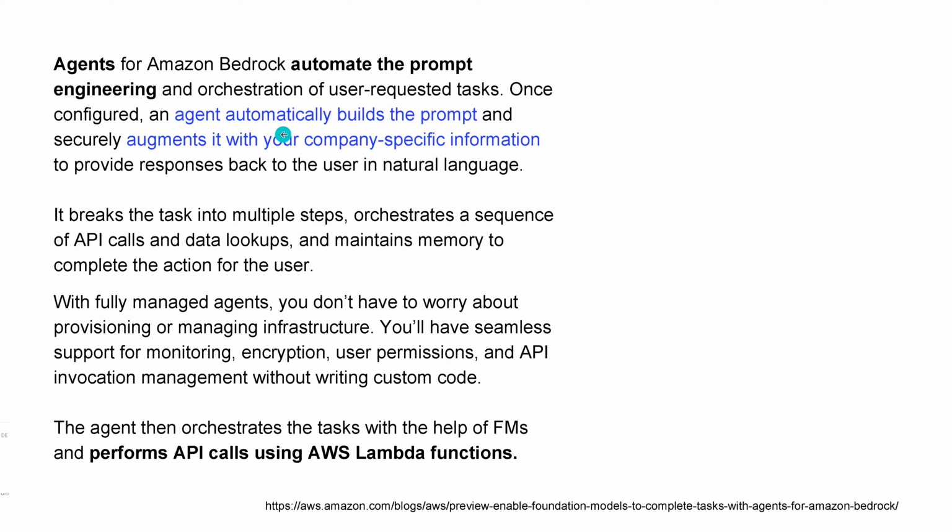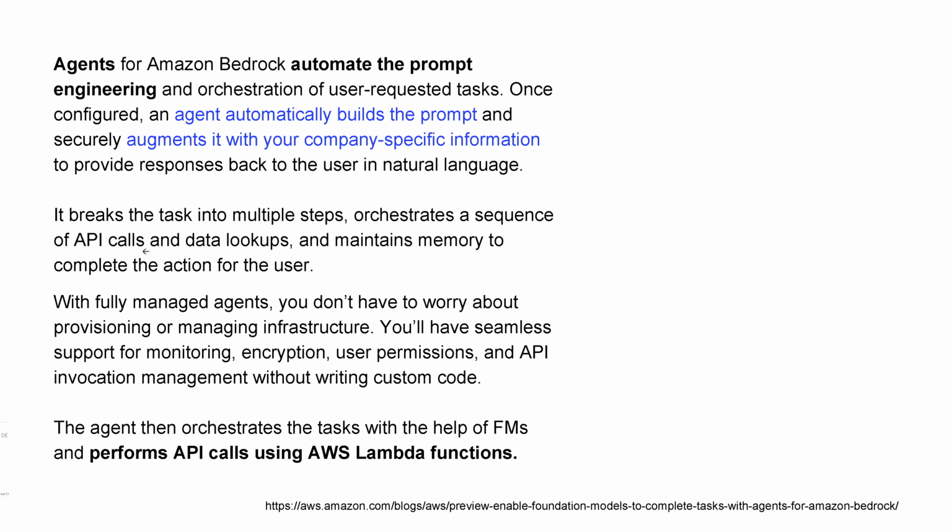So the agent will automatically build the prompt and augment it with your company specific information that it got back from the API call to your business database that you have here. And all of this within the secure environment of AWS. You can break down the task in multiple steps, a sequence of API calls.